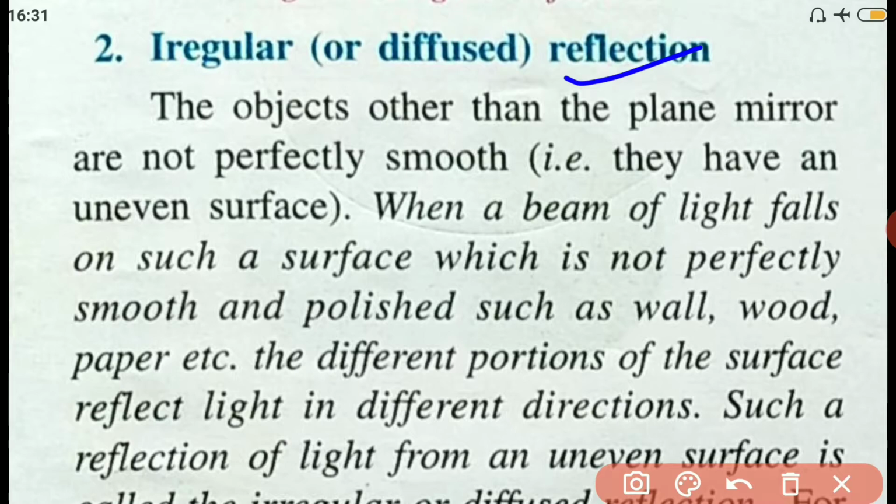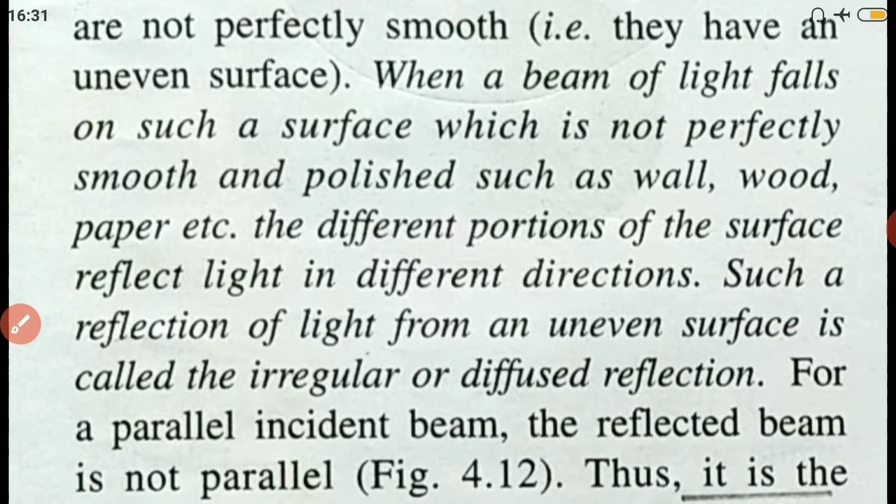Microscopically it is rough, so they produce irregular reflection. The different portions of the surface reflect light in different directions. Such a reflection of light from an uneven surface is called irregular or diffuse reflection.